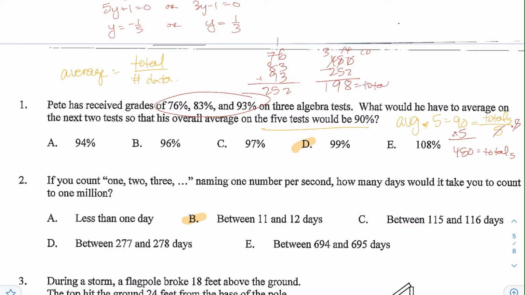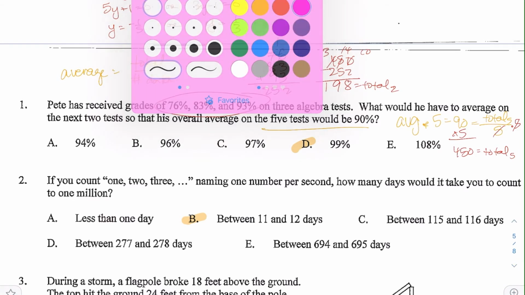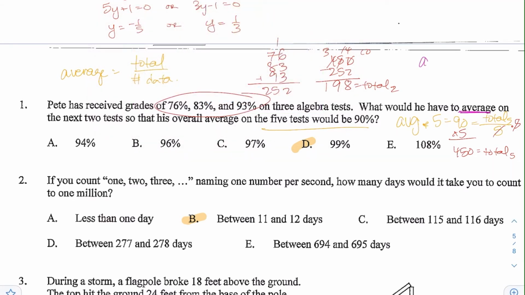So the total on the next 2 has to be 198. To figure out the average of the next 2, we'll take the total, or 198, of these two tests divided by 2, which will be 99. So you must have an average of 99 on the next two tests in order to get a total overall average of 90.